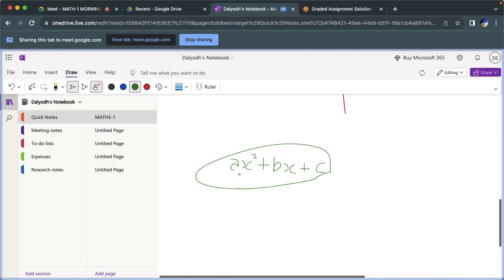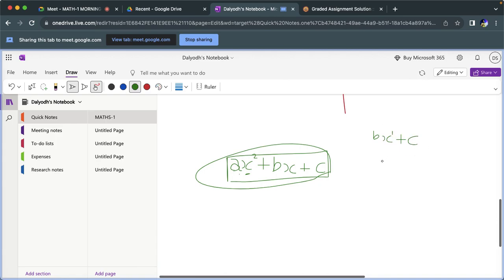So a quadratic function is just a subset of the polynomial function. This is a quadratic function which starts with an x square. And if I take just bx plus c, this is just a linear polynomial or linear function, because x is raised to power 1.